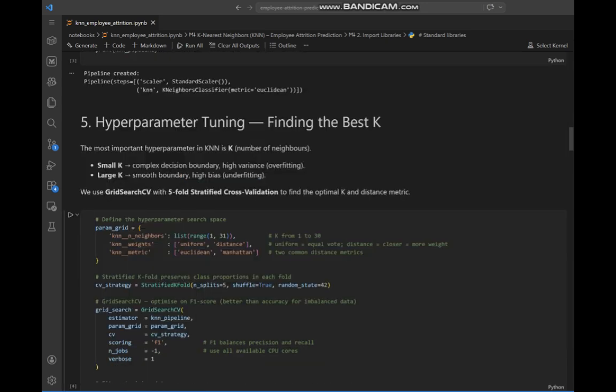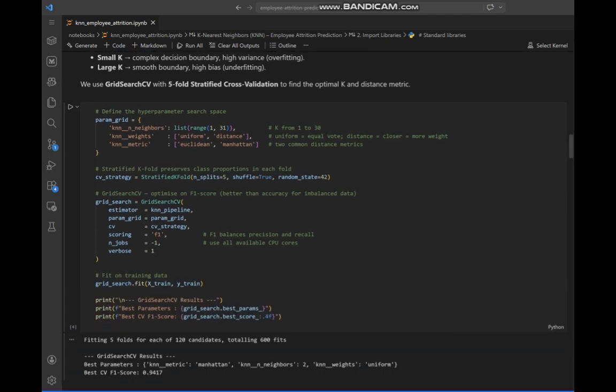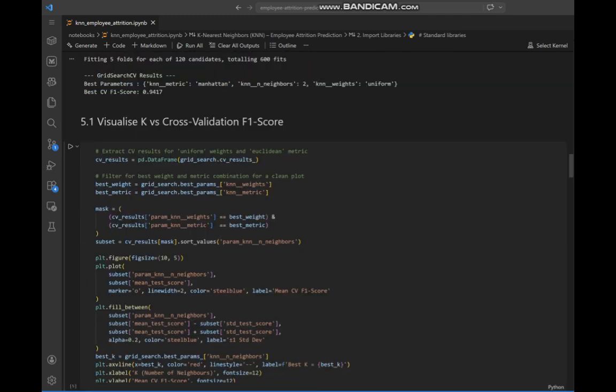Section 5 is hyperparameter tuning. We run GridSearchCV with five-fold stratified cross-validation to search for the best distance metric and weighting strategy in Section 5.1. The K versus F1 visualization supports the chosen setting.